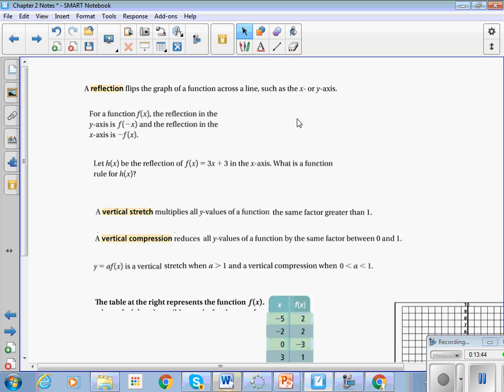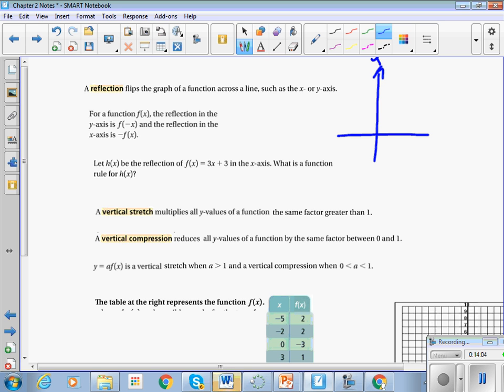For any function f of x, to get a y-axis reflection, we are going to take out our x value and put in a negative x. That'll reflect everything across the y-axis. And just to recall, this is the y-axis.